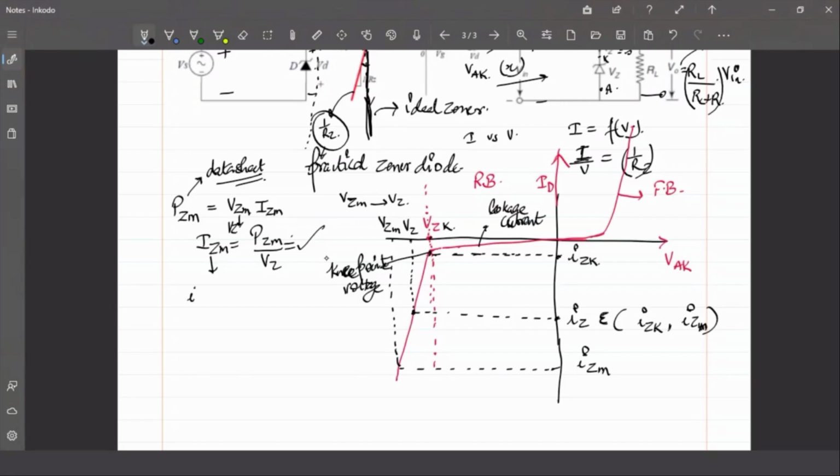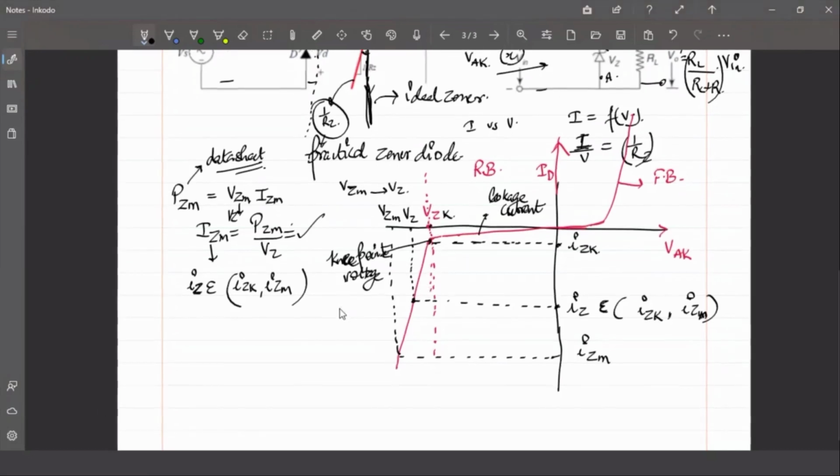Fine, so I can conclude from this characteristics that IZ, the current flowing through the Zener diode in the reverse breakdown condition, cannot flow to a very high value. It has to be limited and it should lie between IZK and IZM. Fine. So that is something which we understand from the reverse breakdown condition.